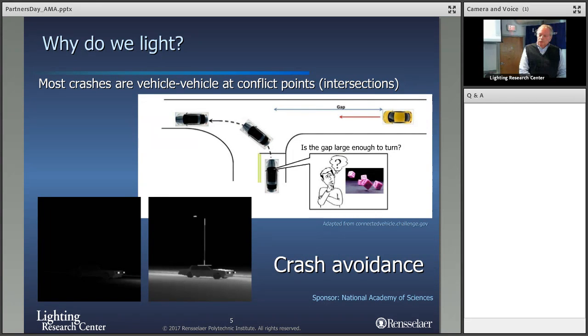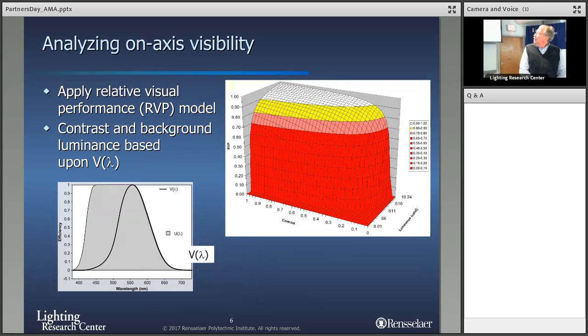People are going to use their fovea generally to be able to judge, for example, a car coming at us. If you just see the headlights, you don't necessarily know its direction or its velocity.